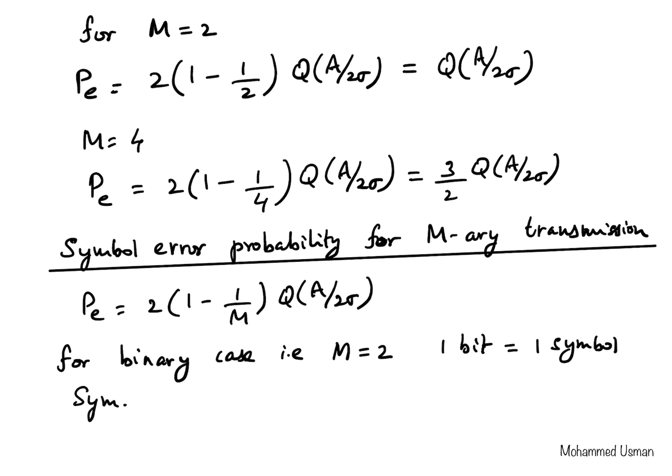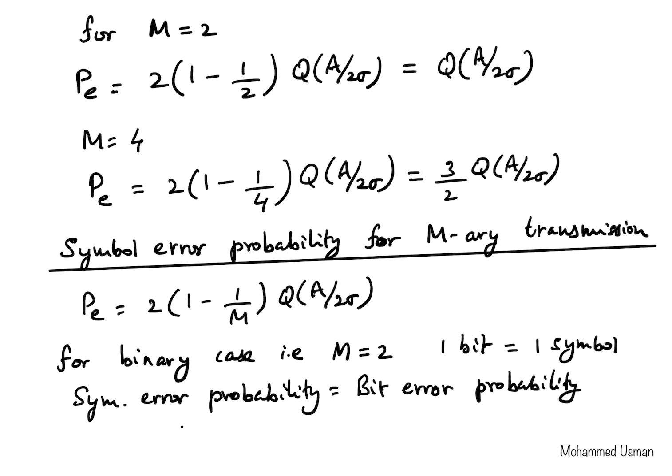So symbol error probability equal to bit error probability. That means the bit error probability, we are going to call this bit error probability PBE, as compared to the symbol error probability, which is simply PE.